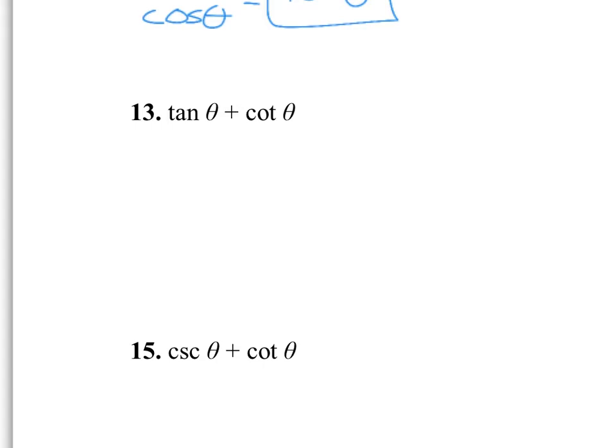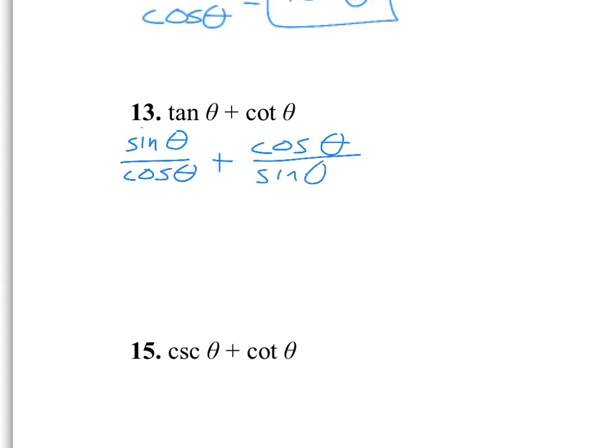Alright, so on number 13, I'm going to stick with the strategy we've been using of changing everything to sine or cosine. So tangent is sine over cosine. Cotangent is the reciprocal of that, so it's cosine over sine. And so in order to add fractions together, you need a common denominator.